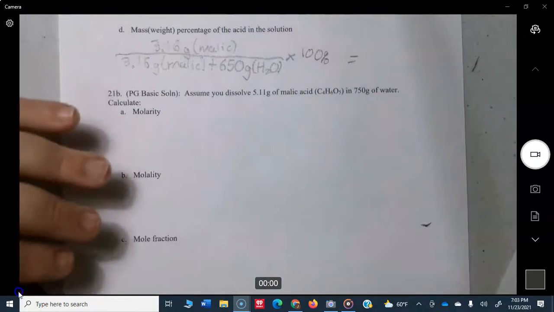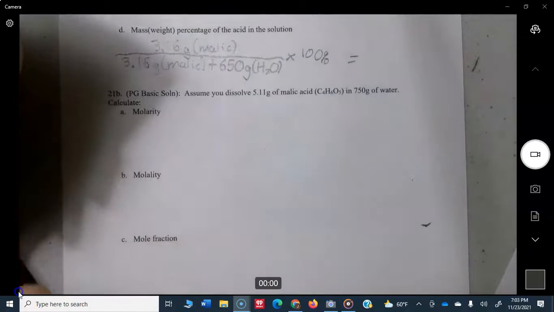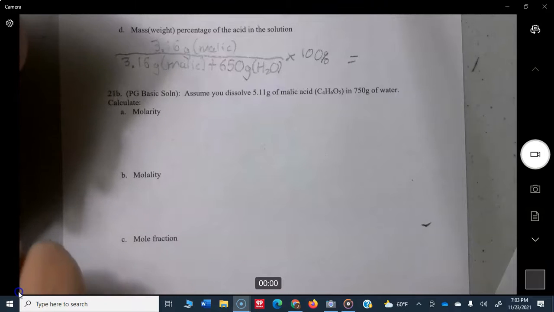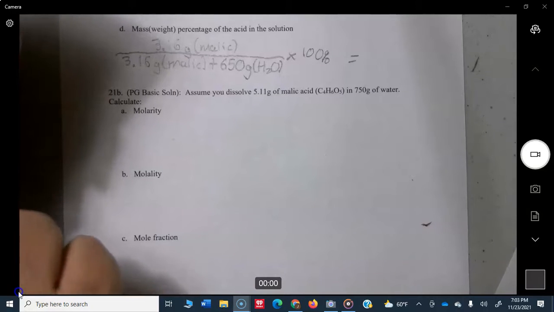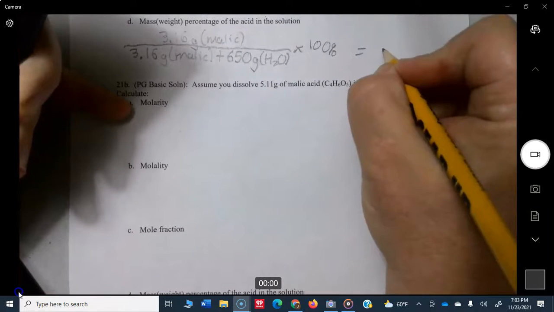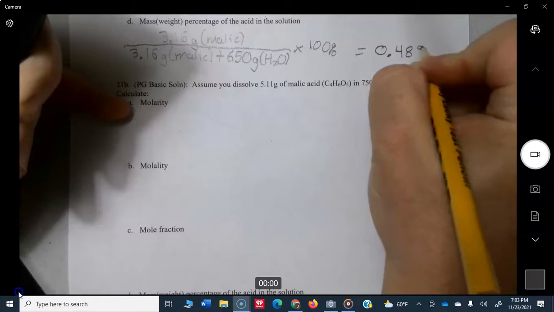Okay, so we'll go ahead and do that. 3.16 divided by parenthesis 3.16 plus 650 close parenthesis equals, and then we multiply that by 100 and we get 0.48%.